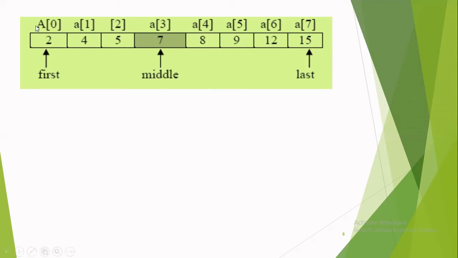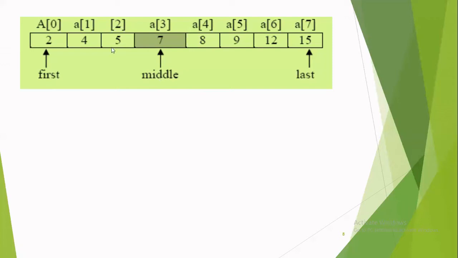According to that formula, if you substitute values for first and last, you will get (0 + 7) divided by 2, that is 3.5. Because the array index values are only positive integers, you have to neglect the fraction in the division operation. So you will get 3.